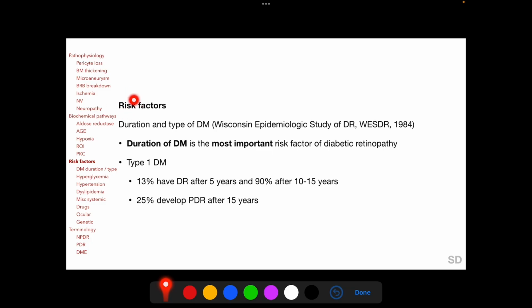Among the risk factors of diabetic retinopathy, duration of diabetes mellitus is the most important, and this cannot be overemphasized and is very important to remember.